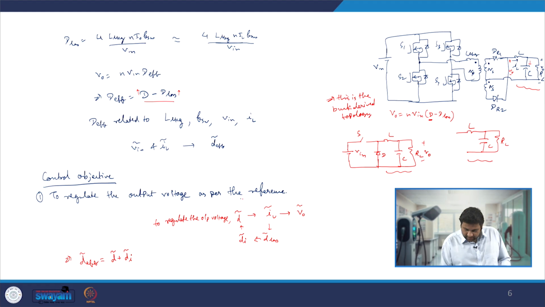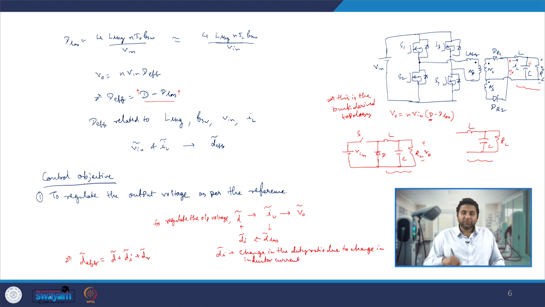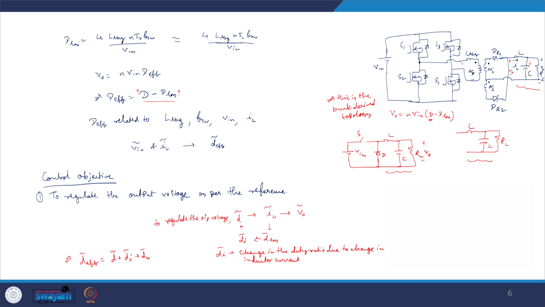So, we can say there is also the Dv which is coming into the picture, where we can say that Di is the change in the duty ratio due to change in inductor current. And how does this change in the inductor current take place? It is because you are actually changing the duty ratio of the VR voltage, I mean the time for which the VR is non-zero.